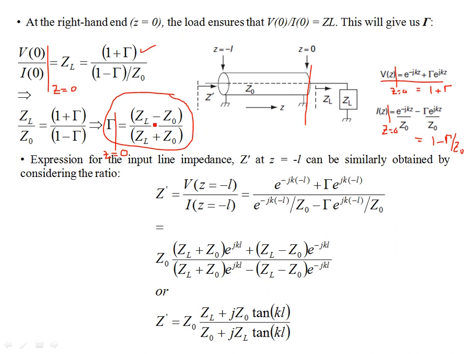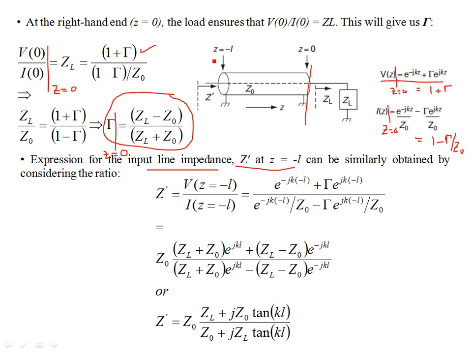In the case where ZL is equal to Z0, gamma is 0, but otherwise gamma is some arbitrary complex quantity. It could be complex because ZL could be inductive or capacitive reactance, not necessarily a real resistance. So gamma could be complex in general. The expression for the input line impedance, which we are after, can be found similarly.